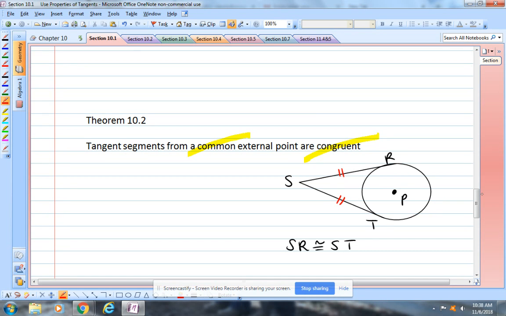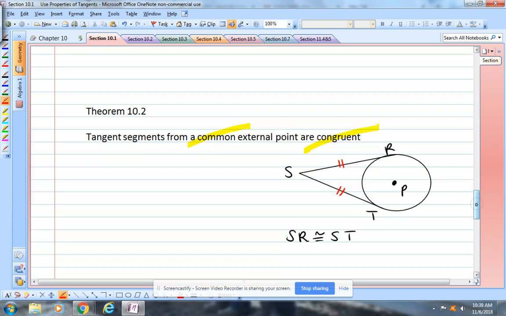External means outside the circle. So if I have two tangent lines going to the same point outside the circle, those two segment lengths are congruent to each other. So the two fill in the blanks are common and congruent. And then there's that lovely picture.